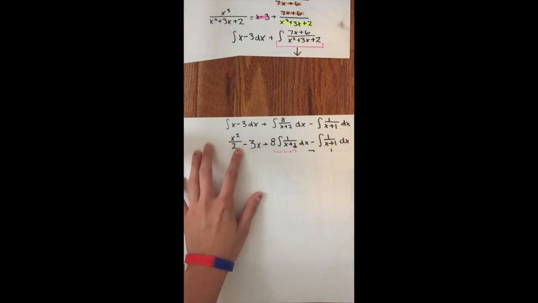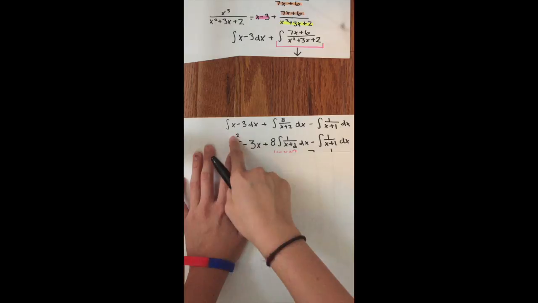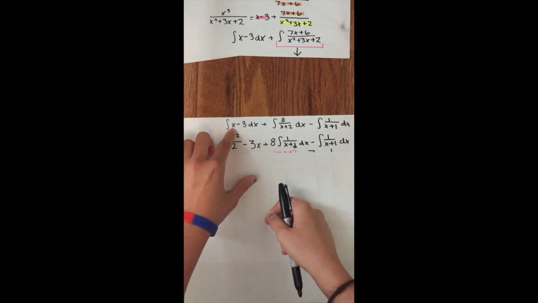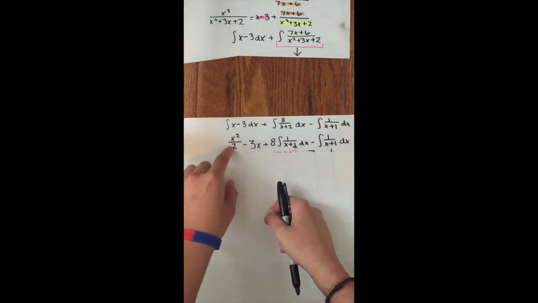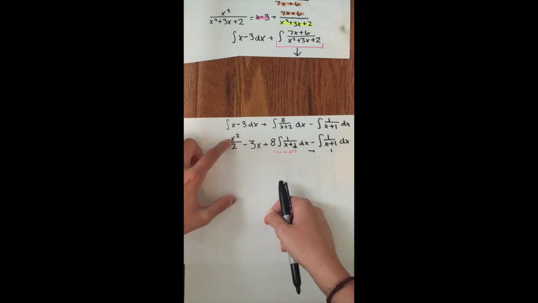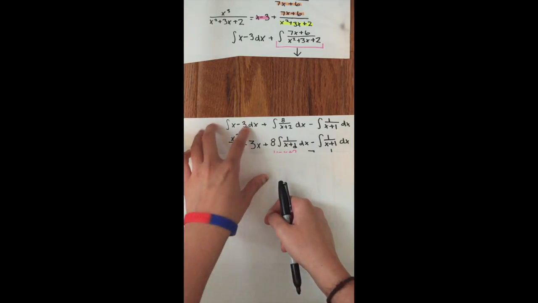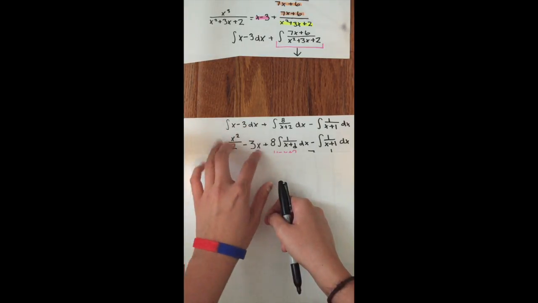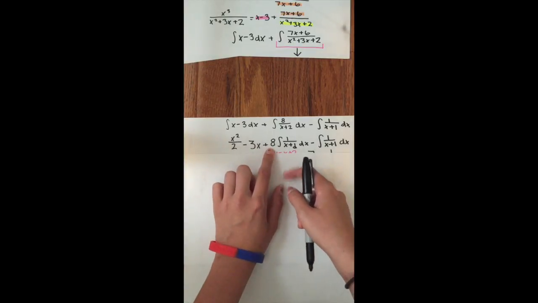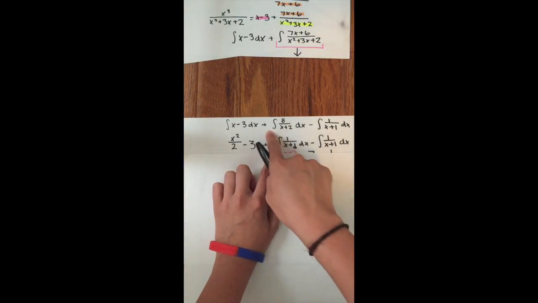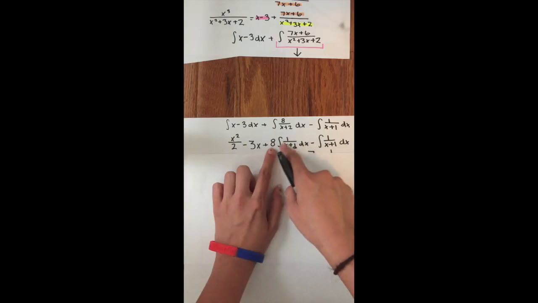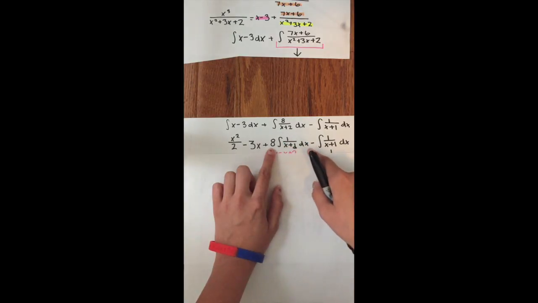So if you take the integrals, you add a degree and put it over that same number. So x would be x squared over 2, and this you would add an x, so minus 3x. And here I just pulled out this constant 8, and then the integral of 1 over x plus 2 minus the 1 over x plus 1 dx.